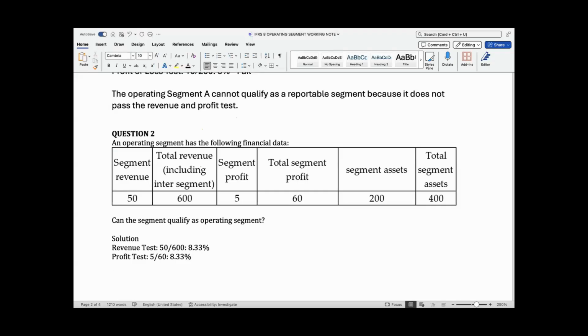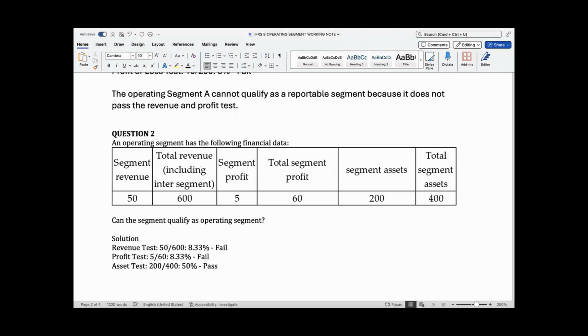Finally, I'll check the assets test. The segment asset is 200 divided by 400. What's 200 divided by 400? That's 50%. So pass. Here, fail. Here, fail.